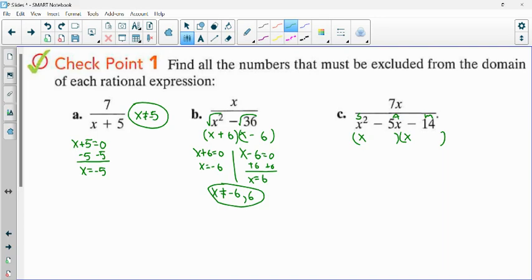So what multiplies to -14 and adds to -5? And so when we set each of those factors equal to 0, we would say x cannot equal +7 because we have to add 7, and then we have to subtract 2, -2. So our answer here would be x cannot equal 7 or -2.